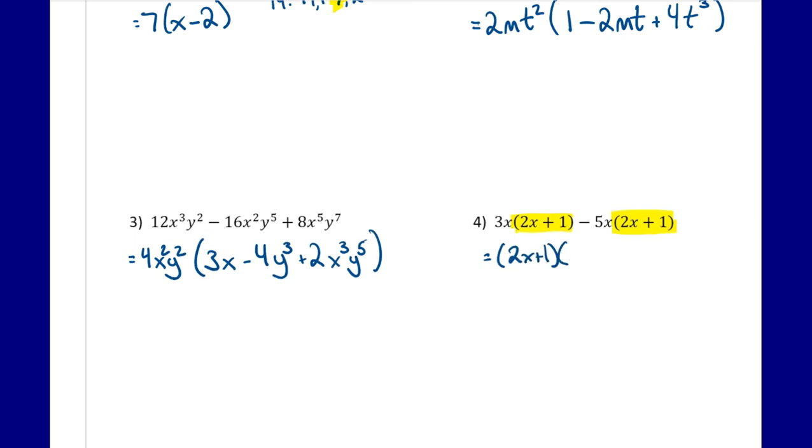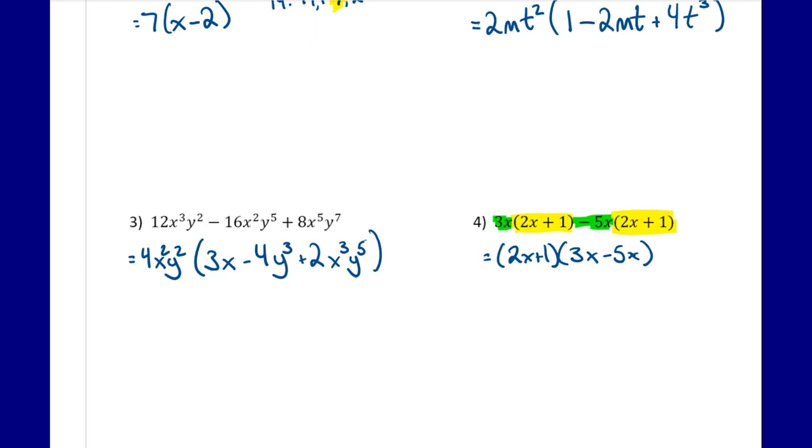And then what we're going to multiply that by is whatever remains, which in this case is the 3x minus 5x. So that would be the factored form.